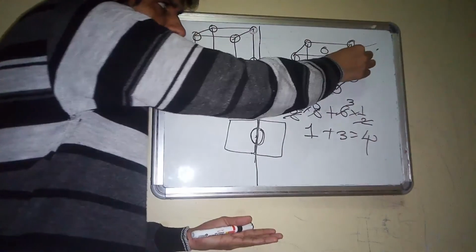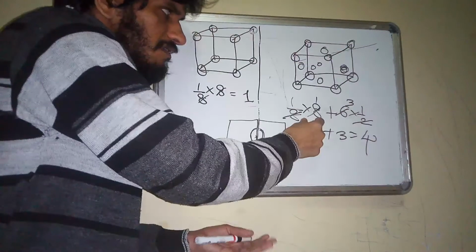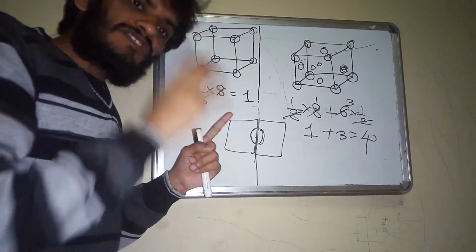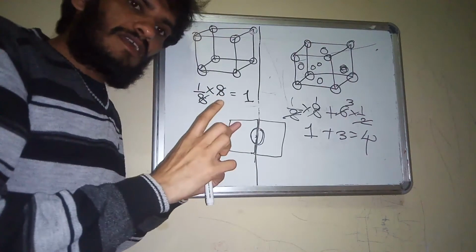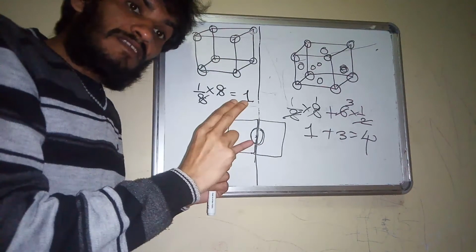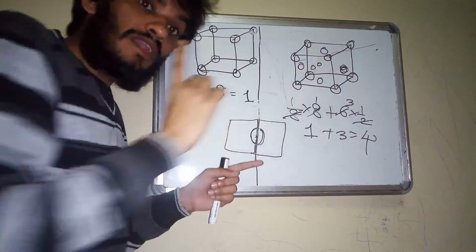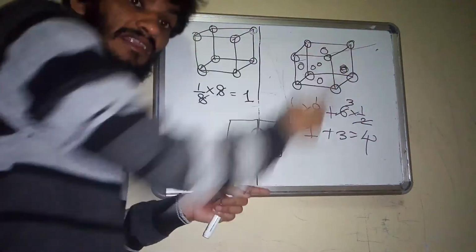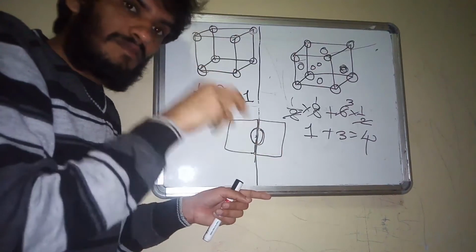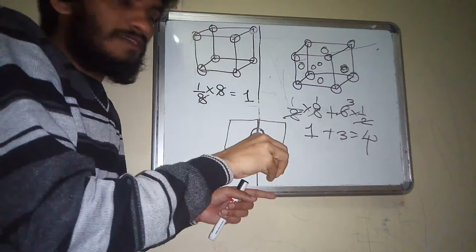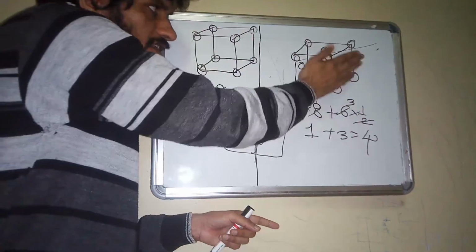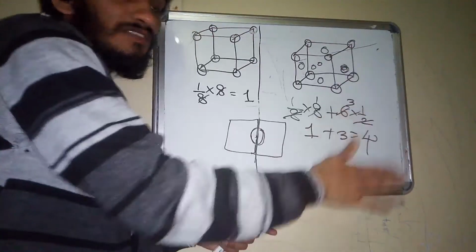In 8 corners it is 1, and how many faces are there? 6 faces. In 6 faces, how many atoms are there? 6 atoms. What is the contribution of each atom in this unit cell? Half only, not completely. Whereas the corner is 1/8, and the body center lattice point is completely in the unit cell, the face center contribution is only half in this unit cell, and the remaining half is in the adjacent unit cell.